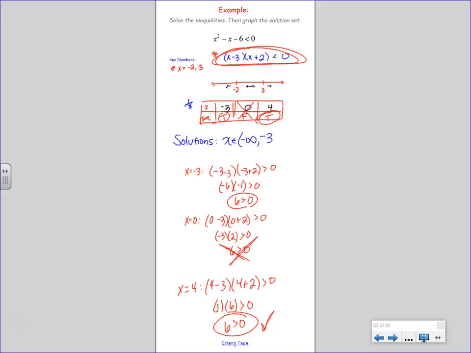At -3 was a 0, and since my inequality is just a less than and not a less than or equal to, we cannot include -3, because I cannot include my zeros. But I also have another part to my solution. I also have from 4 to infinity, but I do not put the middle part because the middle part was false. That's basically 2-7 in a nutshell. We'll see harder problems tomorrow. Bye, guys.